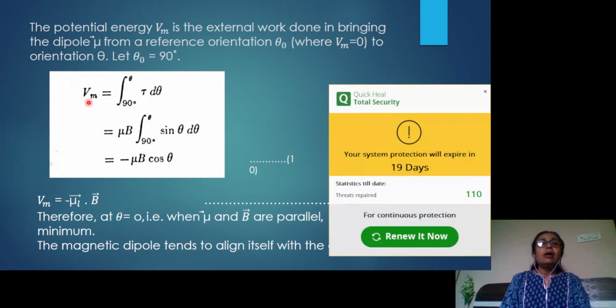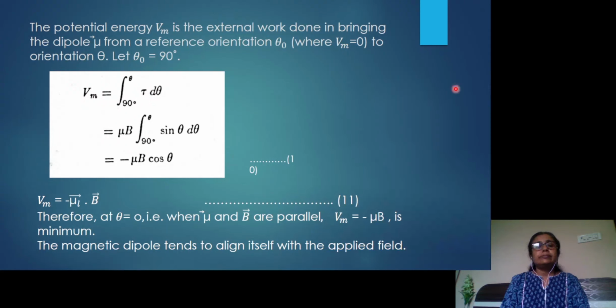Therefore the work done in bringing the dipole from the reference position to the position theta will be stored as magnetic potential energy, which is given by the integration from 90 degrees to theta of tau d theta.